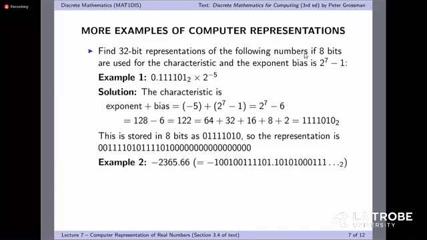So, look at this number, negative 2,365.66, whose binary representation is this. I'm not asking you to convert that into binary because we already did that. I want to store this in a computer, or represent that in real numbers. If I want to do that, first of all, I would have to write it down in normalized binary exponential form. So I would have to move that decimal so that the number is between the range.